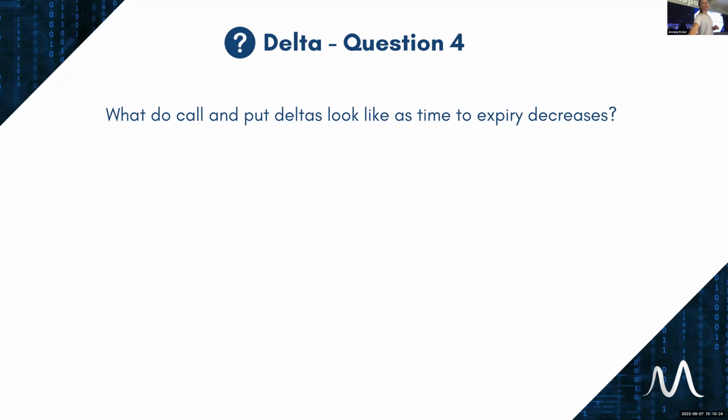So next, have a go at graphing what call and put deltas look like as time to expiry decreases. You can use your worksheets and maybe just draw three graphs: a short time to expiry, a medium time to expiry, and a long time to expiry.